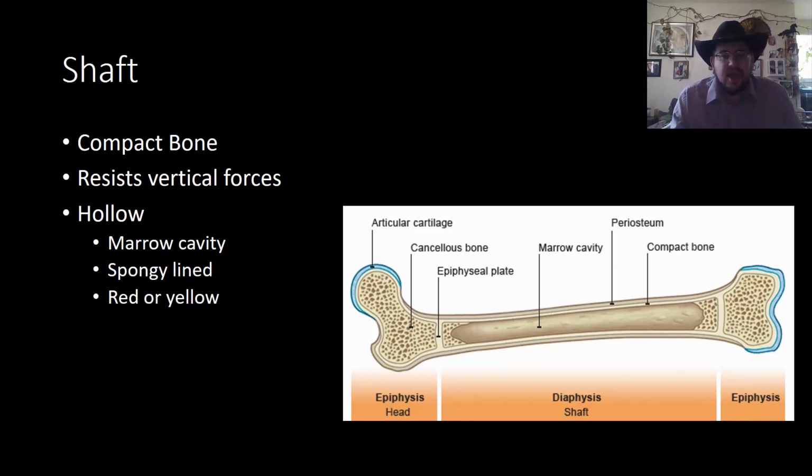So in children through puberty, your bone marrow is mostly red marrow. But as you get into adulthood and your growth slows and stops, a lot of your bone marrow is converted into yellow marrow. Yellow marrow is literally fat storage, right?